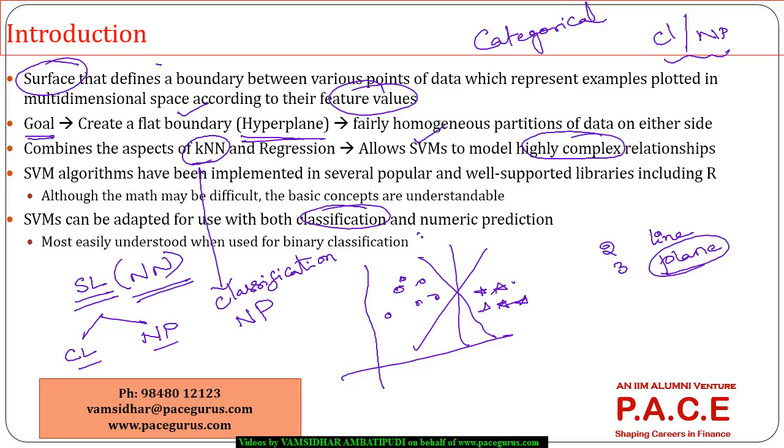But when we are talking about binary classification, probably I get the best out of support vector machines, where I am able to divide the whole data into two groups. The understanding of the kind of plane I am using for dividing the data becomes more comfortable when we use the objective of binary classification.